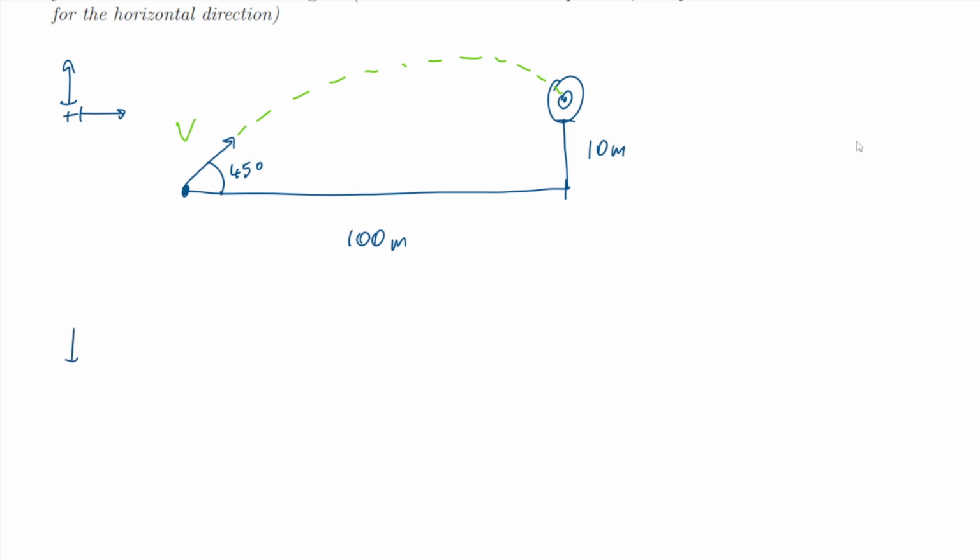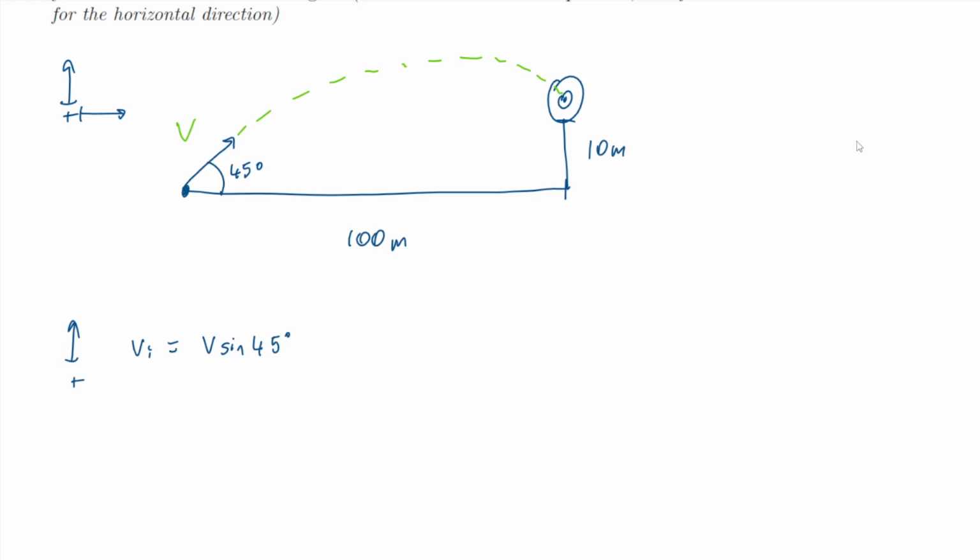So in the upwards direction, what do we know? Well, our initial velocity is v sine 45 degrees. Now we don't know what v is, but we can express the initial velocity in terms of v.